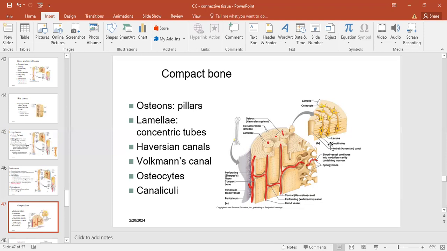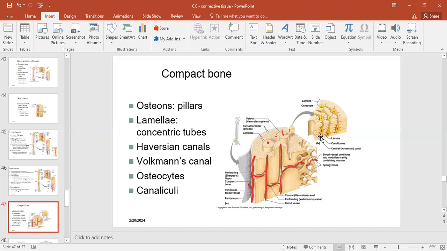Now this lamella, remember we said that there are the cells, the osteoblasts, which deposit the lamella, and when they deposit enough, they get trapped in small spaces known as lacuna.